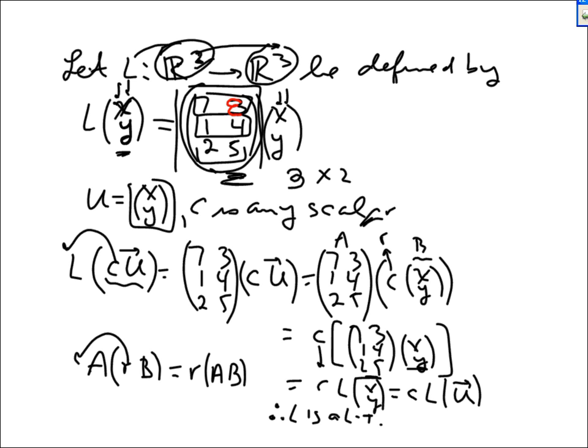That is the size of the matrix, you have to switch the m and the n. If L goes from R2 to R3, you don't need a 2 by 3 matrix, but a 3 by 2 matrix.